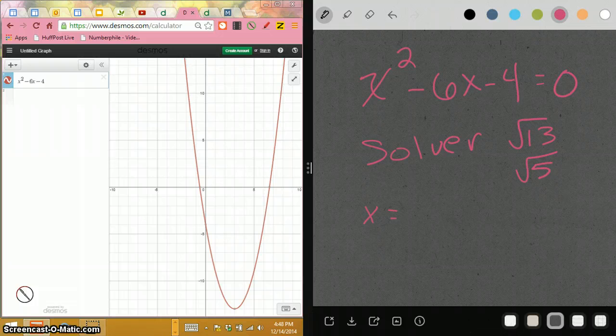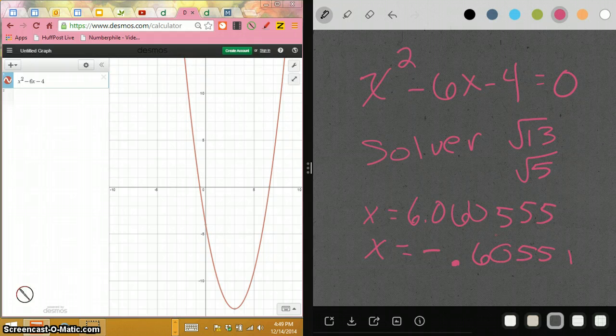I got x was equal to 6.60555, and I got x equal to negative 0.60555.